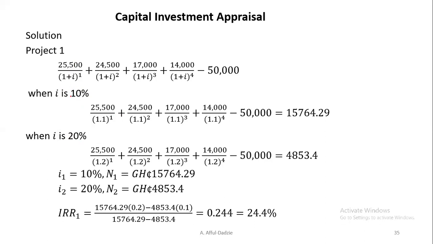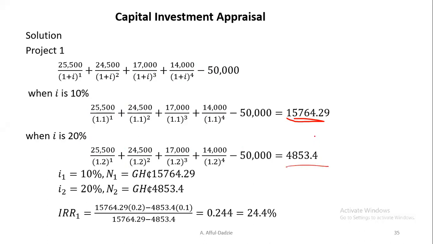So for project one, we find the NPV at an interest rate of 10%. When the interest rate is 10%, this is what we have. Then for the same project one, we pick another interest rate, let's say 20%, and we find another NPV.